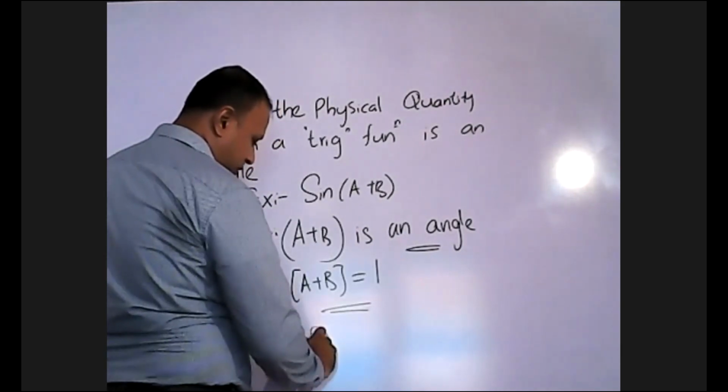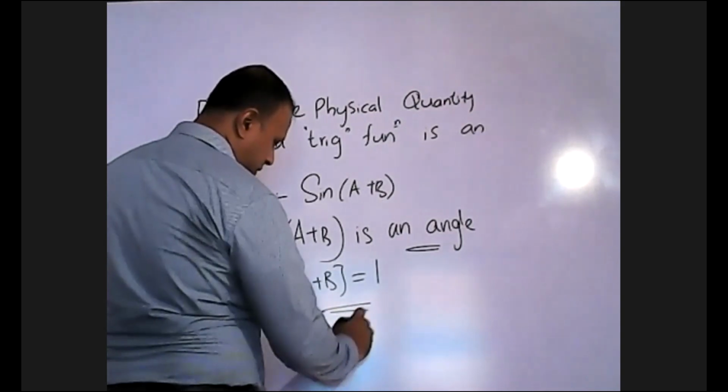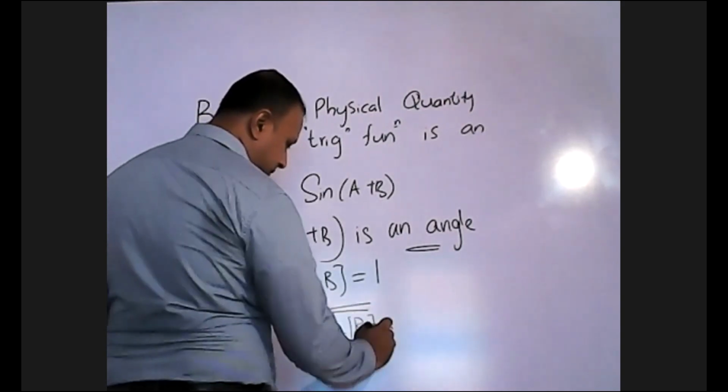Therefore, the dimension of A is equal to the dimension of B, which is equal to 1.